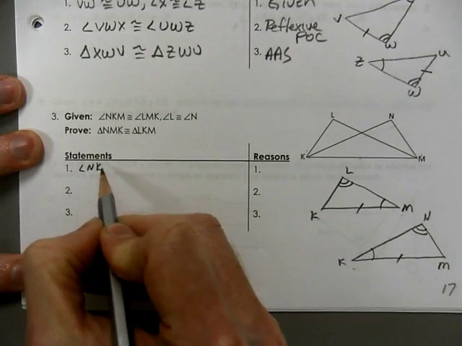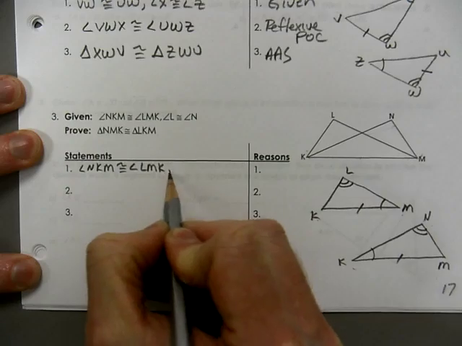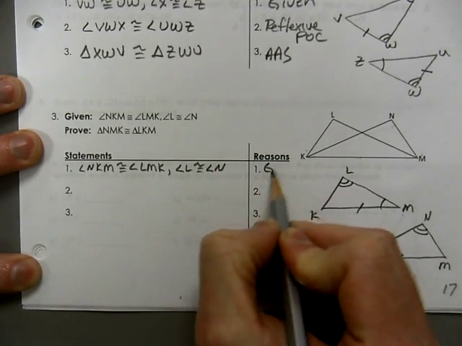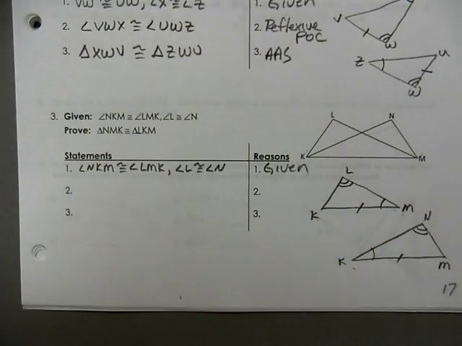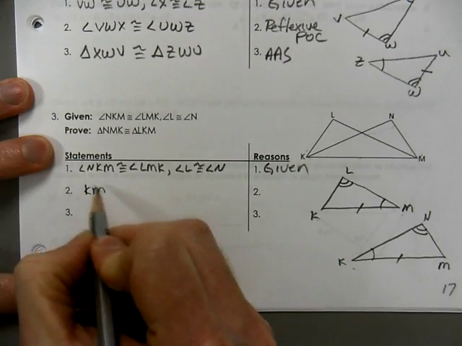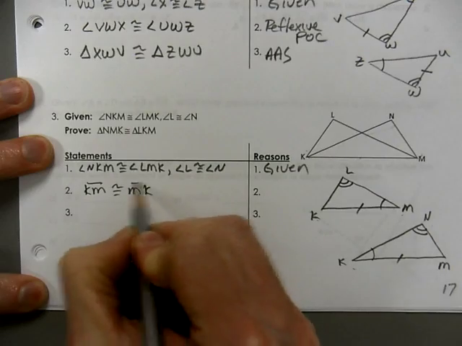So that's our plan for how we're going to prove these triangles congruent. We start with our given. Then we have our reflexive property. KM is congruent to MK.